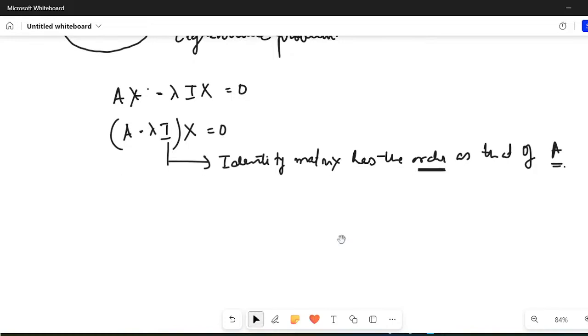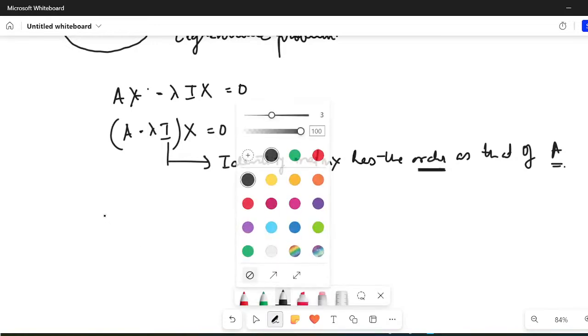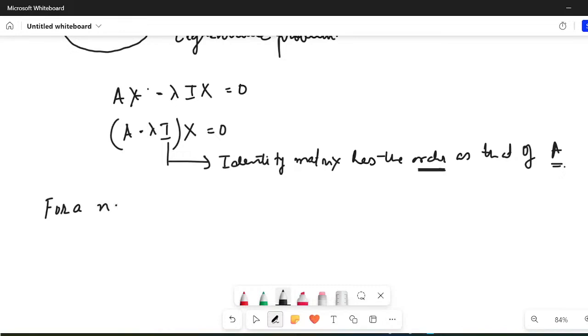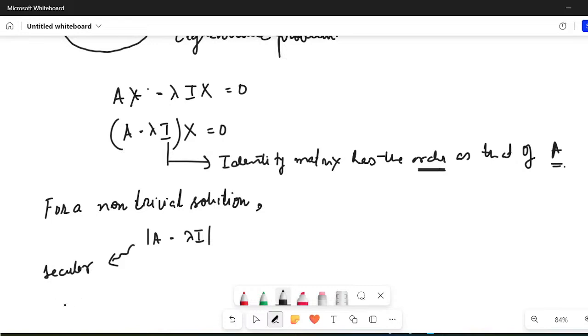For a non-trivial solution, the determinant of A minus lambda I, which is also referred to as the secular determinant, should come out to be equal to 0.